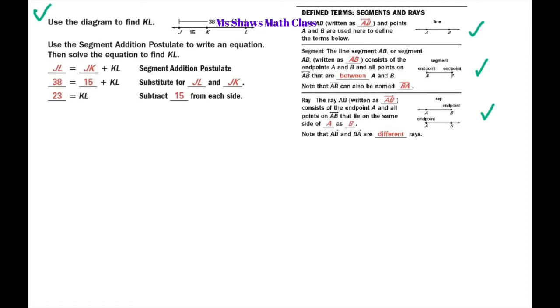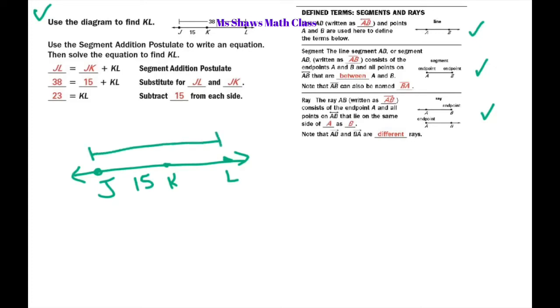If you have, for example, J, L, and this is K, and this length is 15, and this length is 38, then to find the length of KL, you subtract. You have 38 minus 15, which equals 23, because 23 plus 15 is 38.